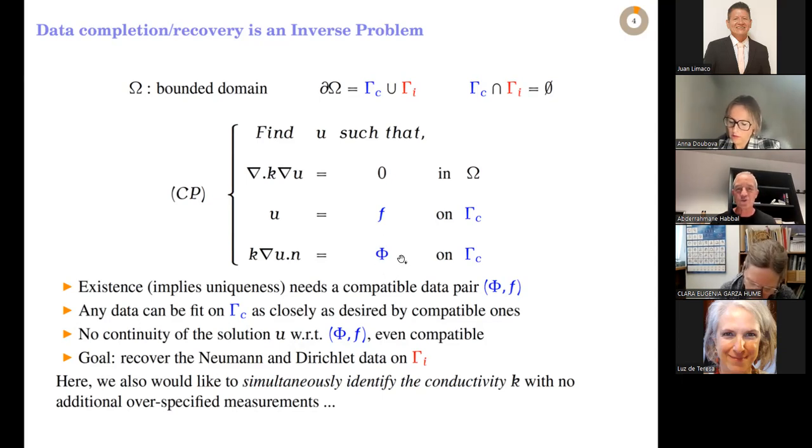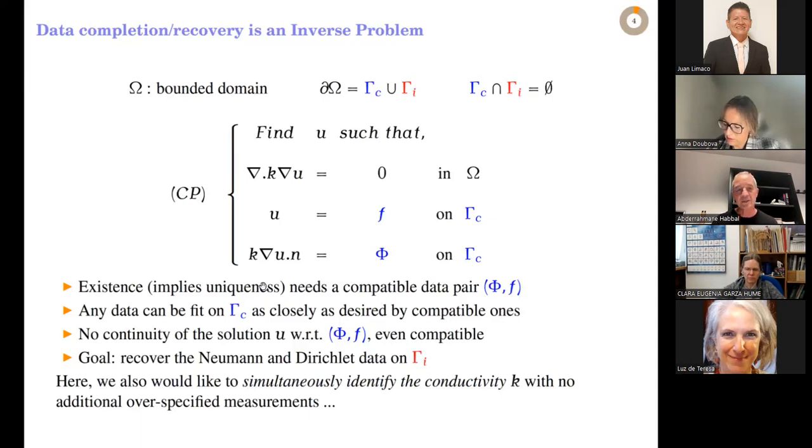Just to underline, the definition of compatible data is when there is a solution. So it doesn't help to know that we have compatible data, because it exactly means that we know that we have a solution.